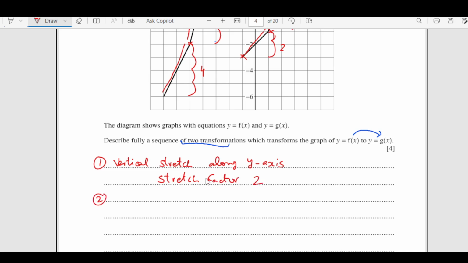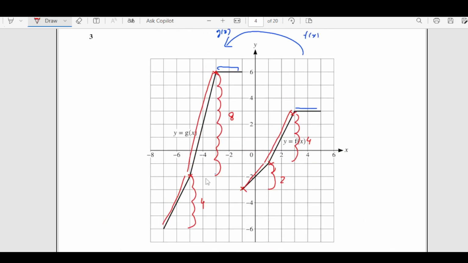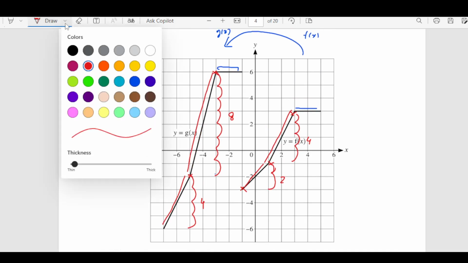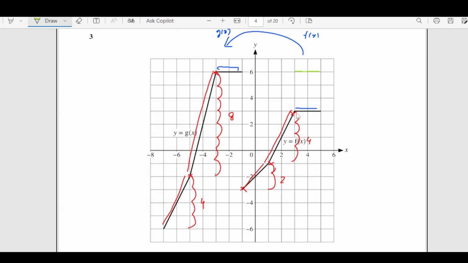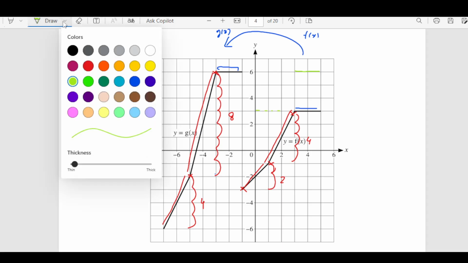Okay, now we will see the second transformation. What happens when it is stretched? This part, after stretching, came over here. Let me use another color so you can see it nicely.